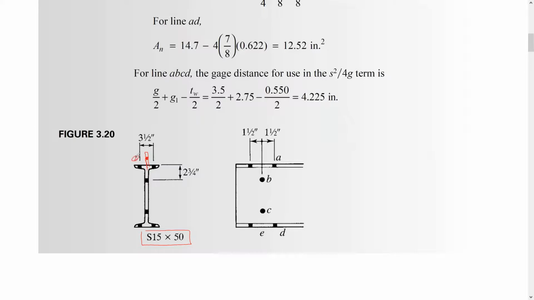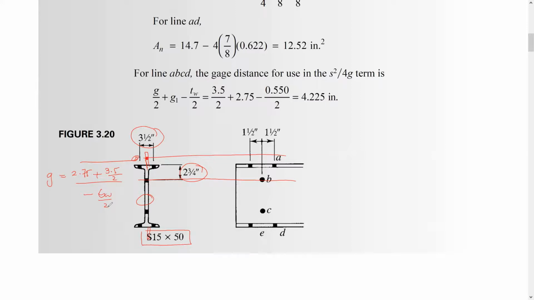So we have two lines here, same here. Here we need to get the G. The G is equal to this distance, which is G1 of 75, plus G divided by 2, which is 3.5 divided by 2, minus half of the thickness of the web, which we will get from the manual.